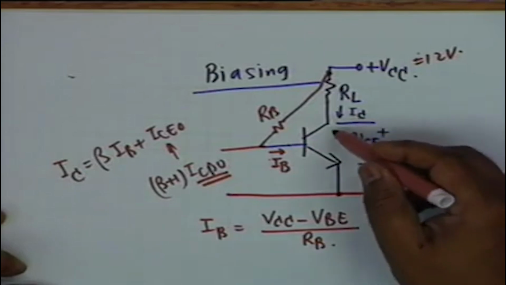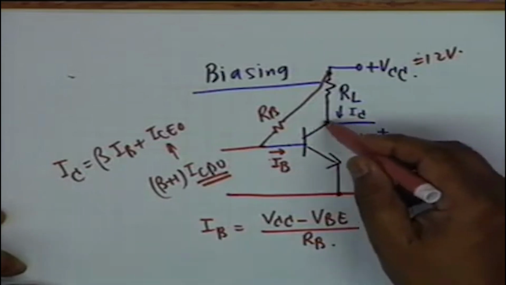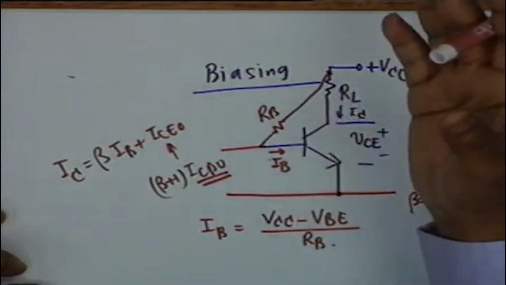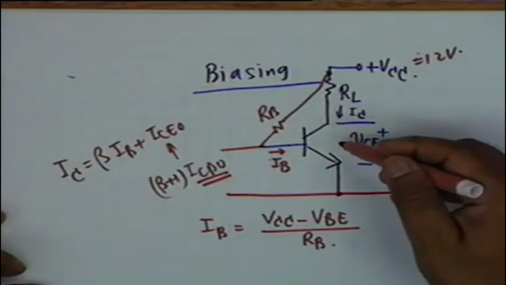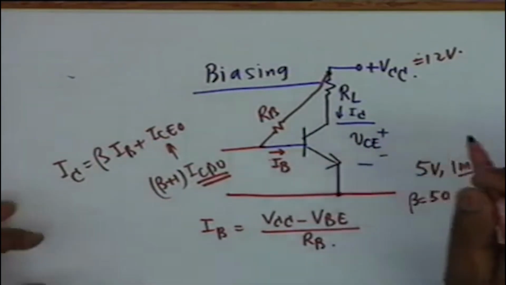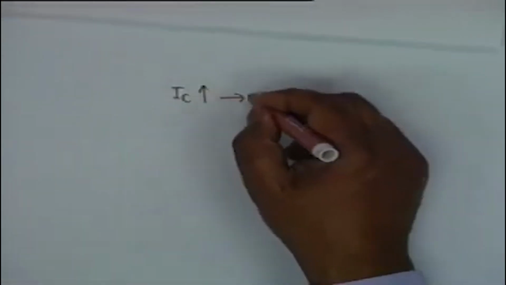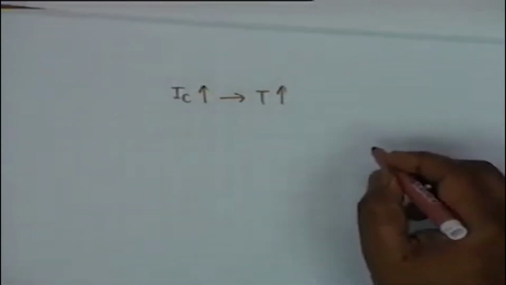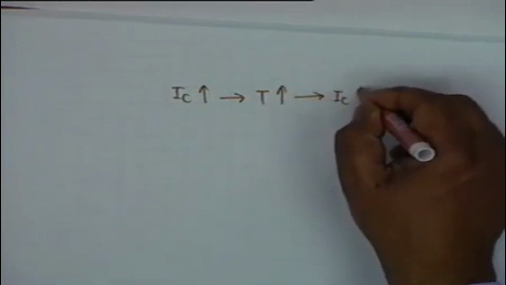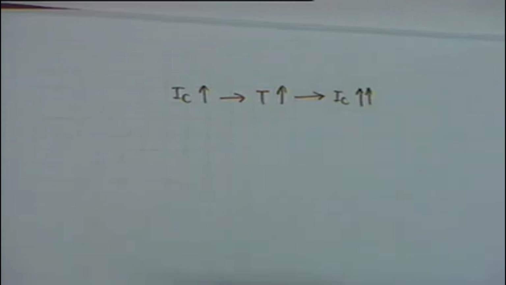Alright. Now this heat is generated here and is to be dissipated in the transistor, and therefore it causes a further rise of temperature. If I sub C increases, temperature increases. If temperature increases, I sub C further increases.